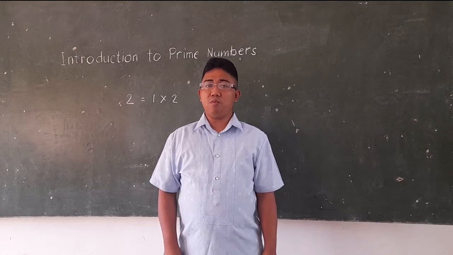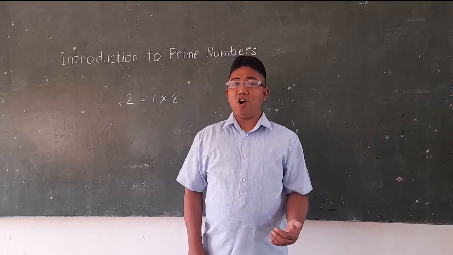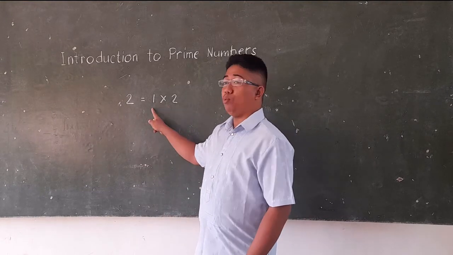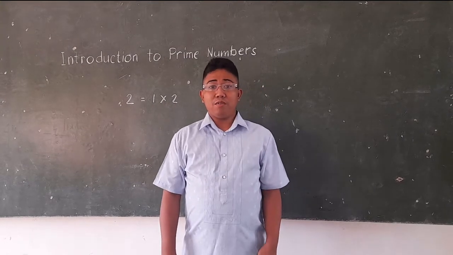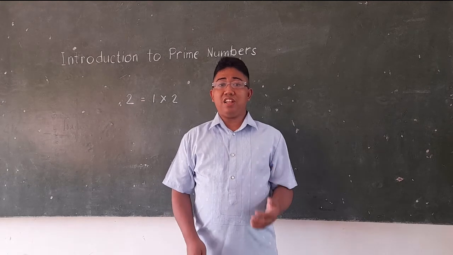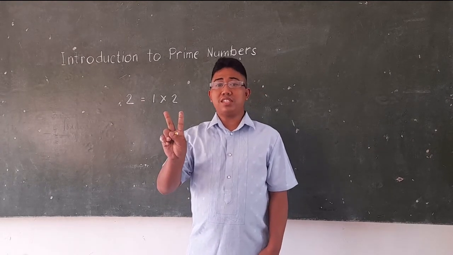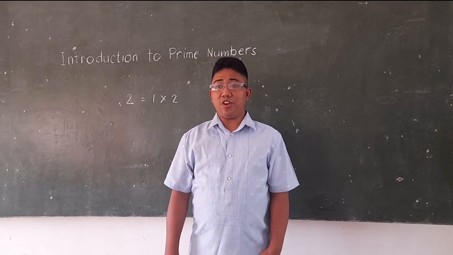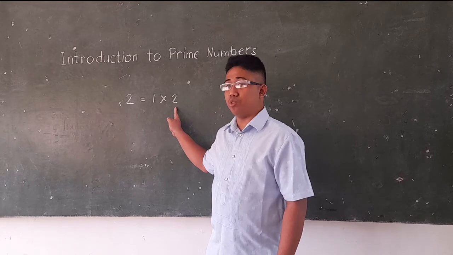There is no other possible factor, so the factor form of 2 is only 1 times 2. We notice that, in the definition of prime numbers, it has only two distinct number divisors, the number 1 and the number itself, which is 2.